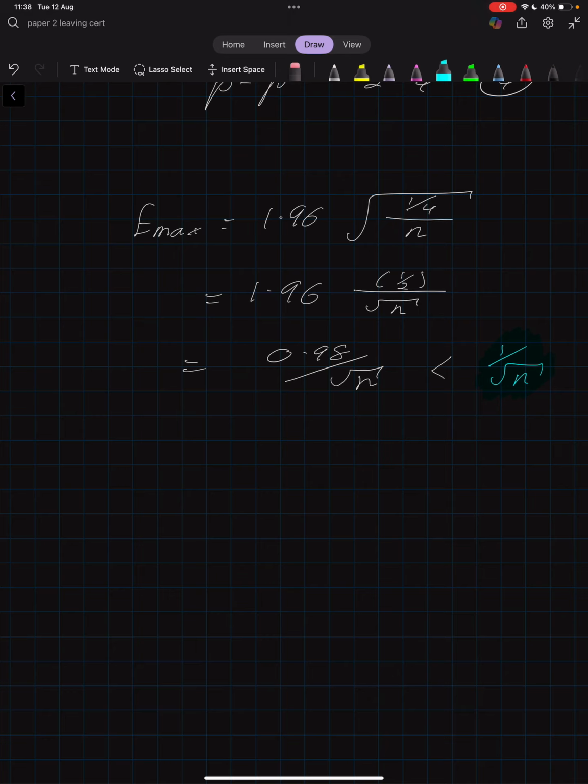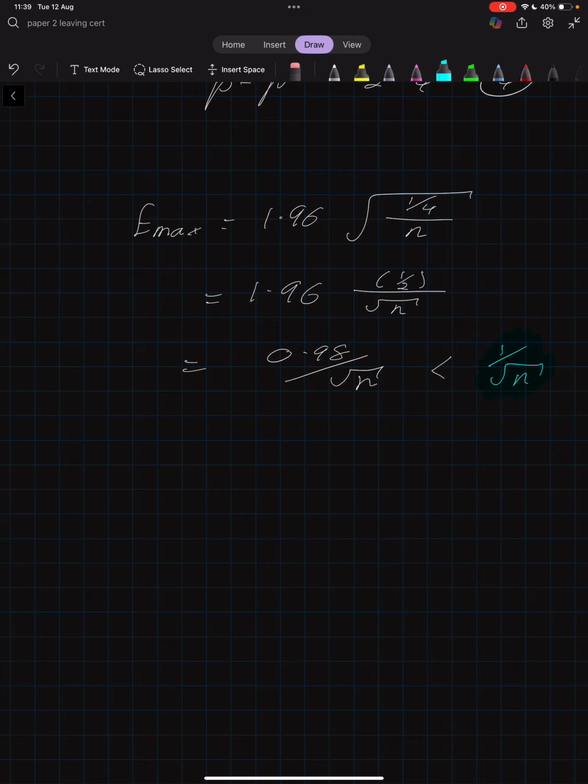So the biggest uncertainty you can have: if I survey 400 people and 40% of them say something, I can say with 95% confidence, probably more, but at least 95% confidence, that it's within 5% either side.